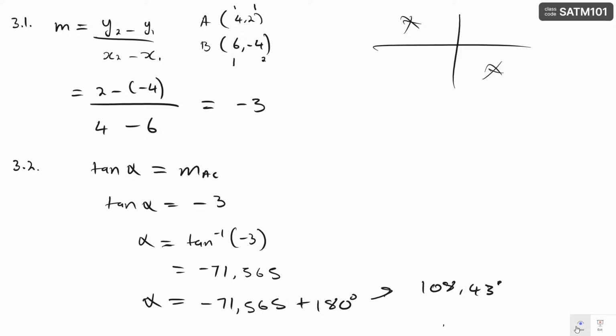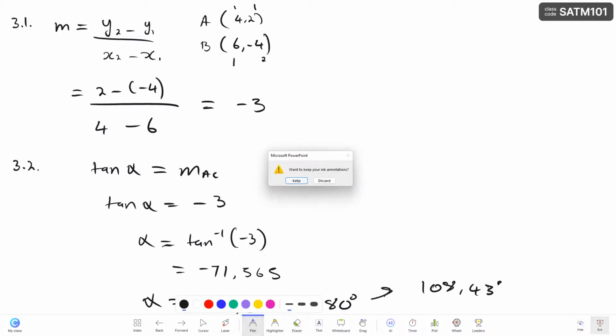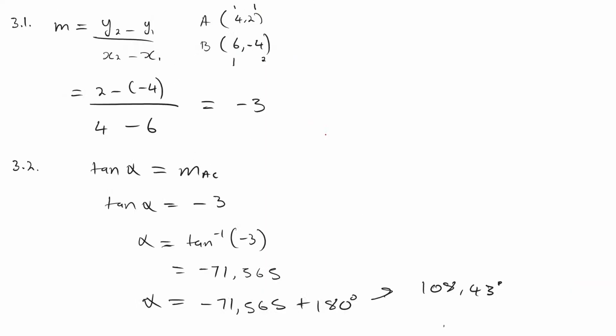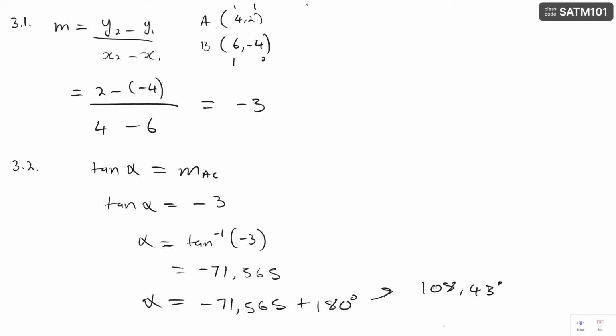I think I didn't explain this well, because you can't just claim that you need to add the 180. So let me explain this so that you can understand in the exam. If you have tan of an angle is equal to -3, you need to use a reference angle.